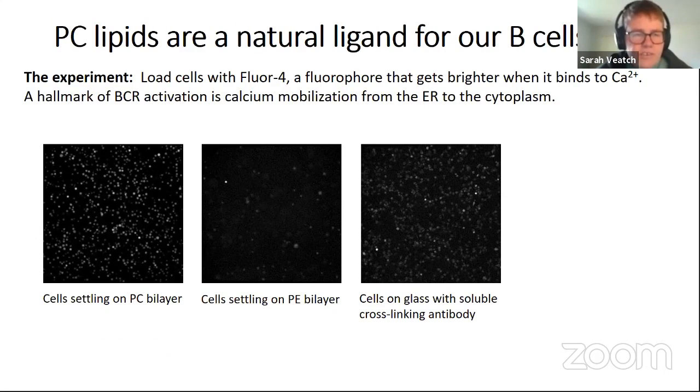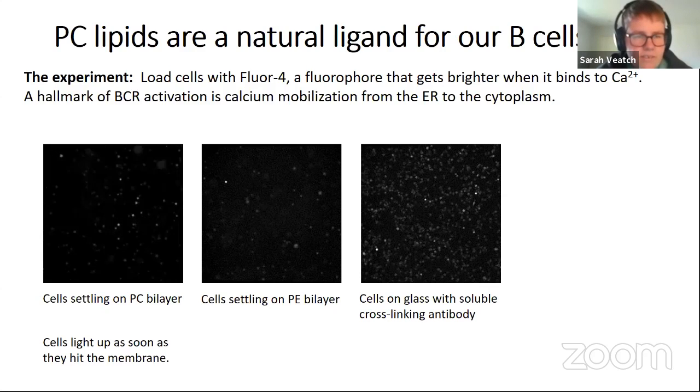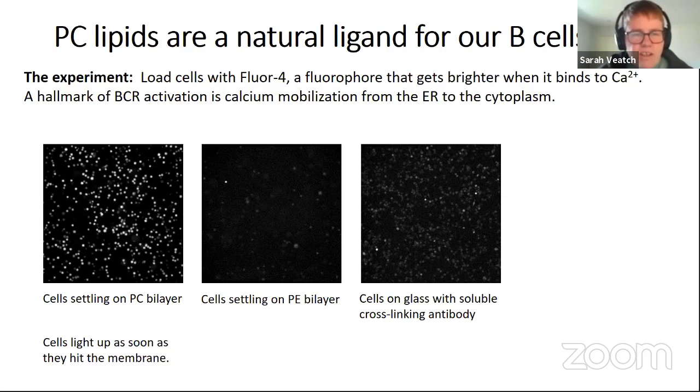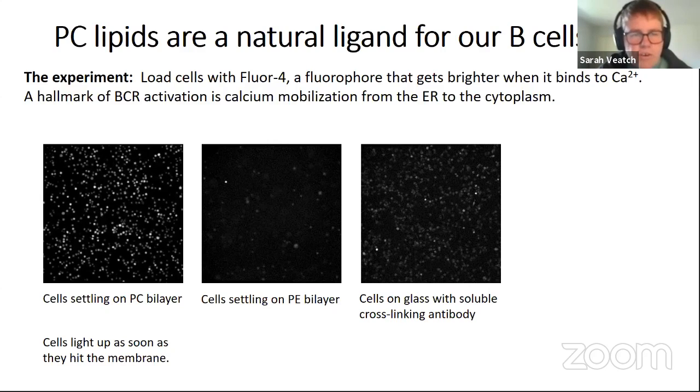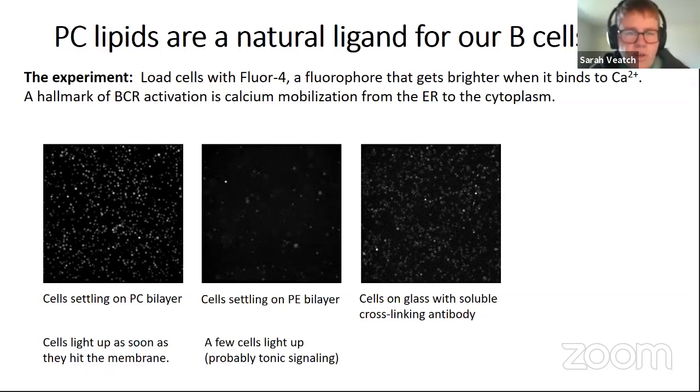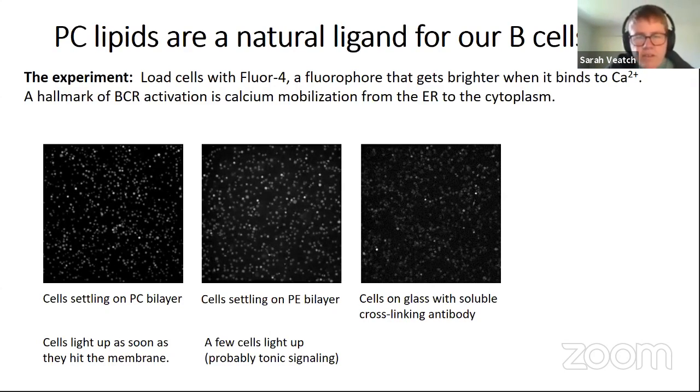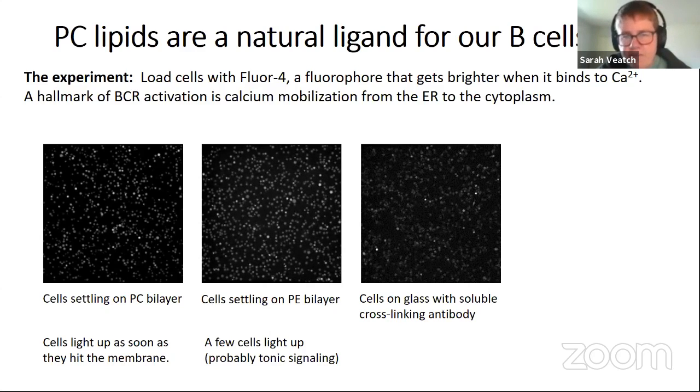I'm going to show it again because you can see these cells coming into focus before they land on the surface. And that's because we've just added them to solution and they're falling just with gravity. We can do the same experiment of cells on a PE bilayer, so no PC lipids present here. And the cells settle just fine, but we don't see that big spark of activation.